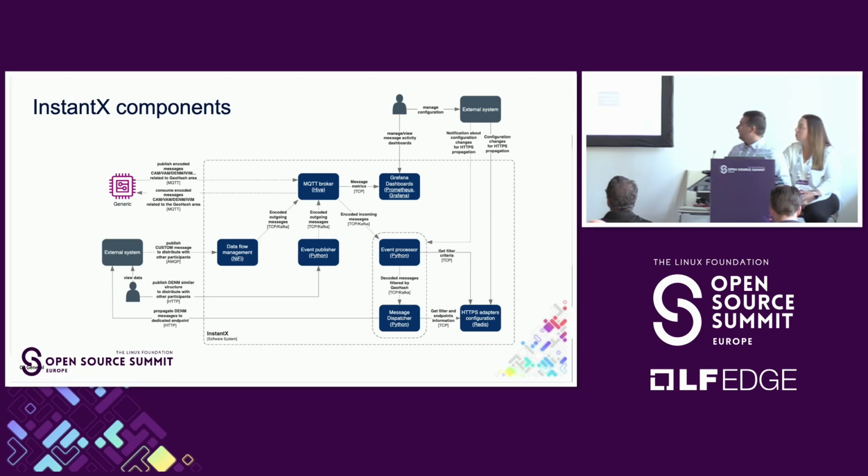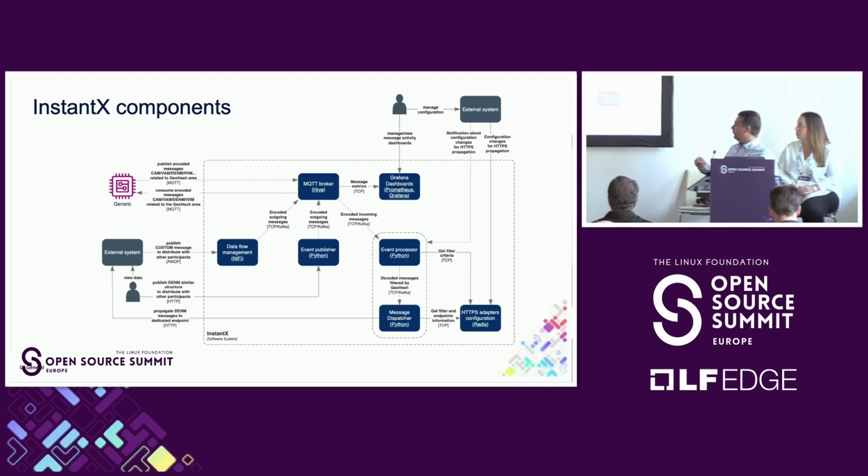We also have a Redis adapter here that contains all the configuration and all the subscriptions of each user. Using that configuration, the event processor, written in Python, is able to select only the messages that the user wants to receive.